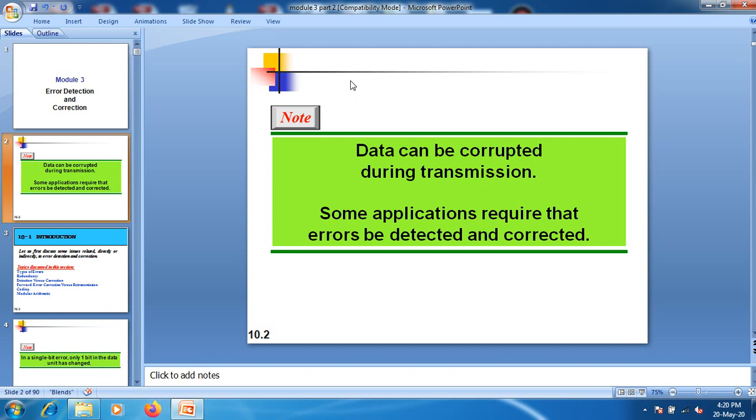There are some applications that are happy with some sort of errors; we call them loss tolerant applications. Some applications require errors to be detected and corrected.